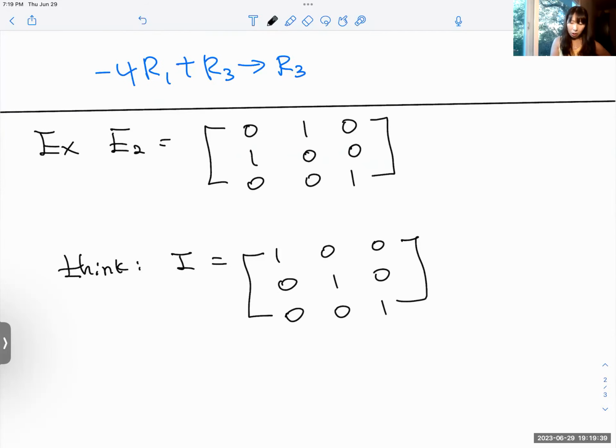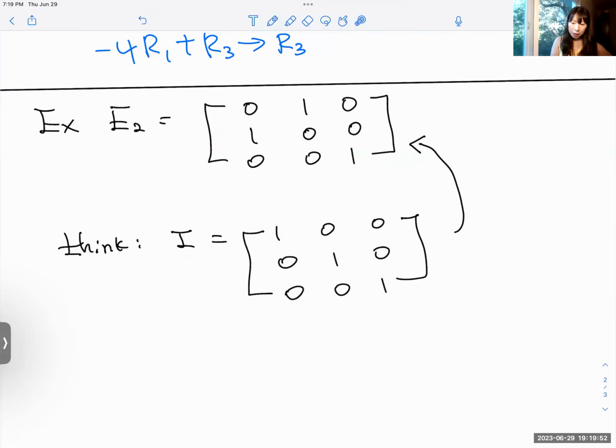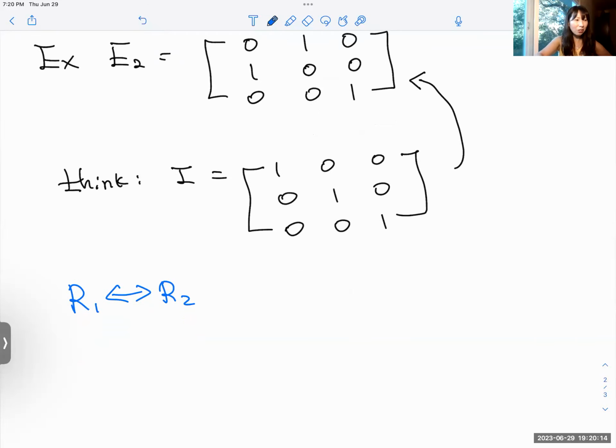How do we make this from the identity matrix? Interchange. So this will be row 1 and row 2, exchange, interchange, switched, right?